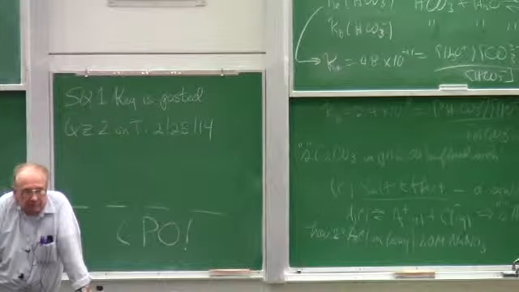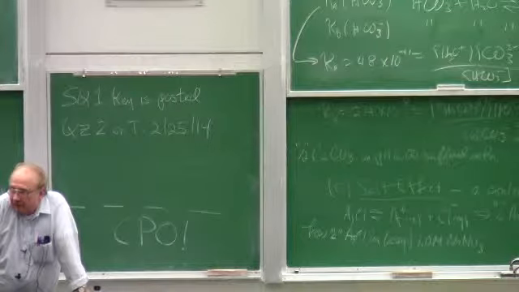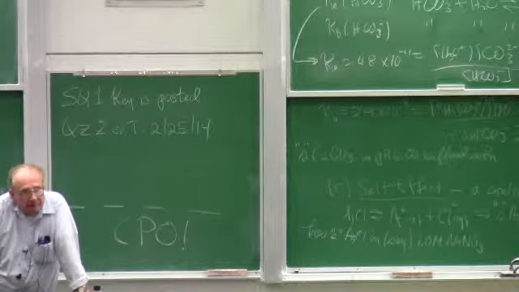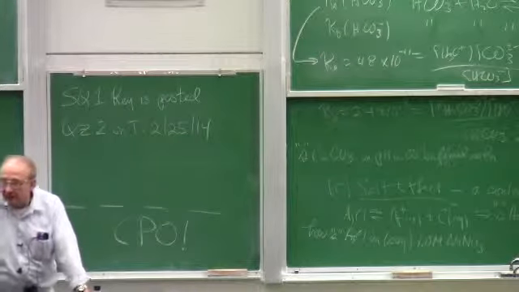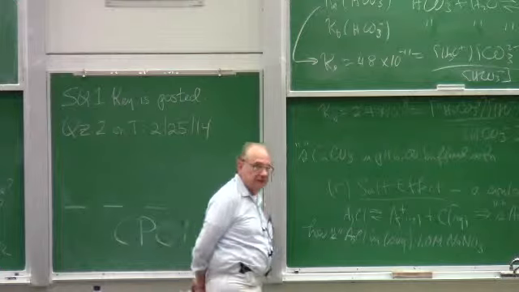Now, what we're asking is, does the presence of sodium ion at high concentration, as well as nitrate ion at high concentration, have any impact on the solubility of silver chloride in water?